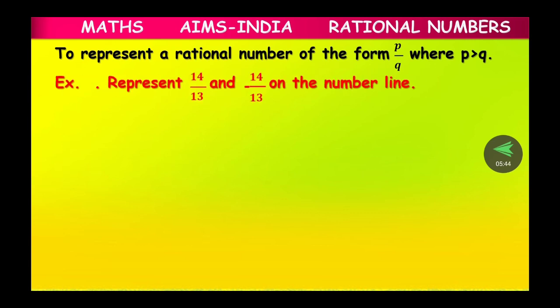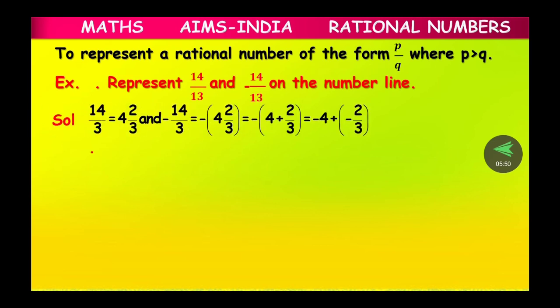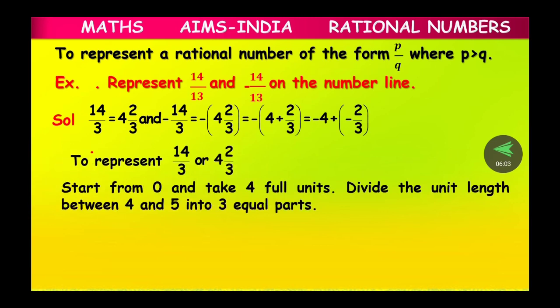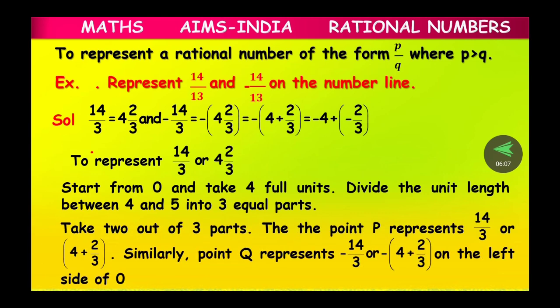So here 14 by 3, minus 14 by 3, we have to represent on the number line. So what we will do? First, we will change them into mixed fractions. After changing them into mixed fractions, we represent them on the number line.